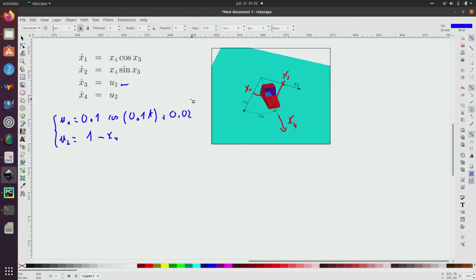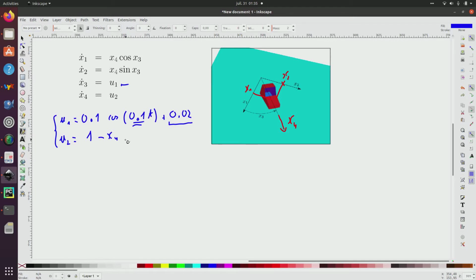So what does it mean? It means that u1 corresponds to the direction. It's oscillating with a frequency given by this. And due to the bias, the car will turn left, oscillating but turning left.